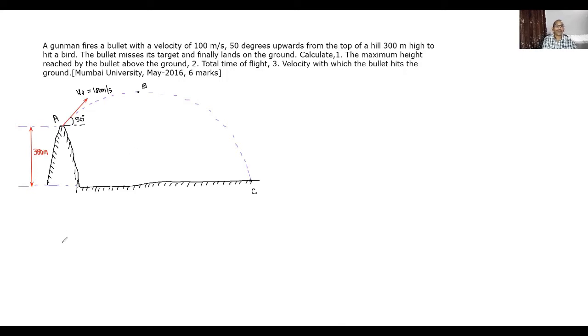Now to solve this problem, let's consider the motion of this bullet from A to B. B is a location where the vertical component of velocity becomes 0, because during motion the vertical component of velocity doesn't remain constant.